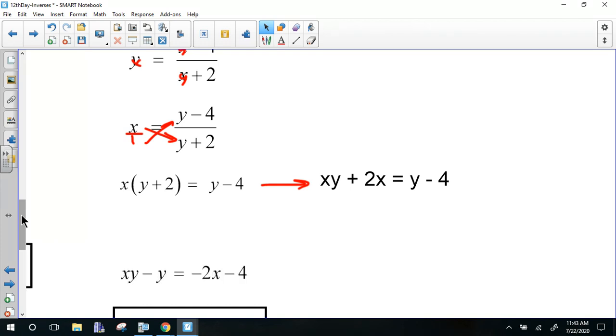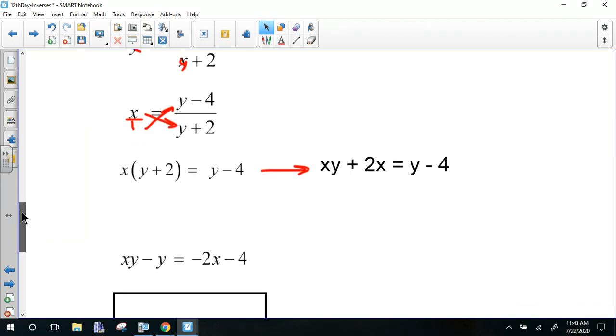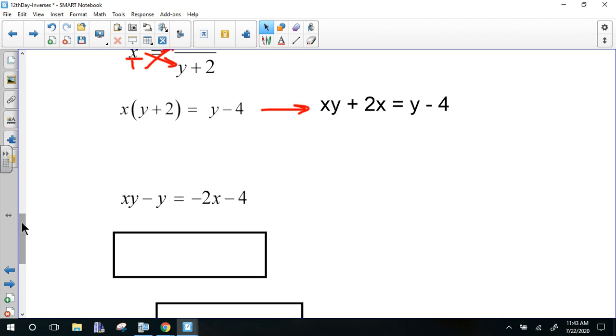So what we need to do to fix that is I'm going to get all of my y's on one side, everything else on the other side. So I moved my 2x over by subtracting. I moved my y over by subtracting it, and I'm now down to this equation.